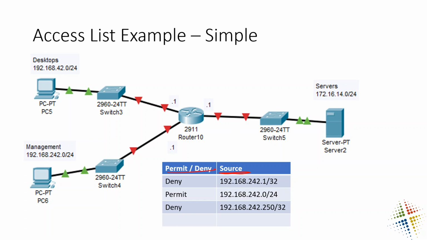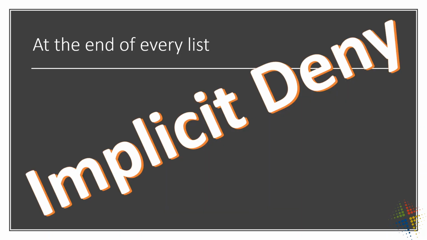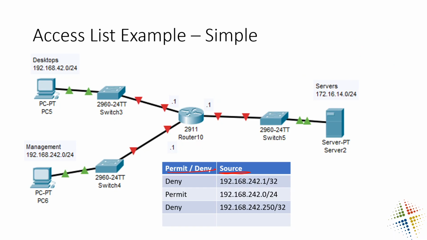Oh, I guess I forgot one last step, which was the prior slide, which I made an entire slide so that we wouldn't forget it. At the end of every list is a deny. So if these are my access lists, and don't take this for granted exactly the way I'm saying it, but if these are my access lists, then these are the only networks that are in my access lists.